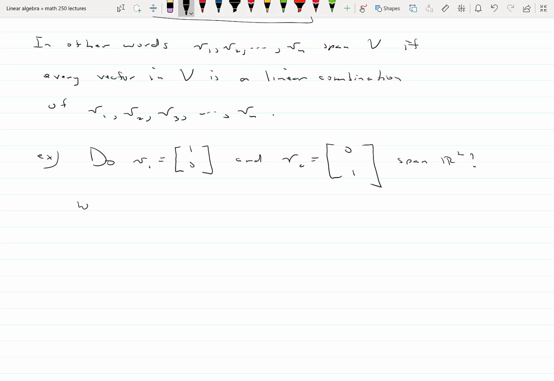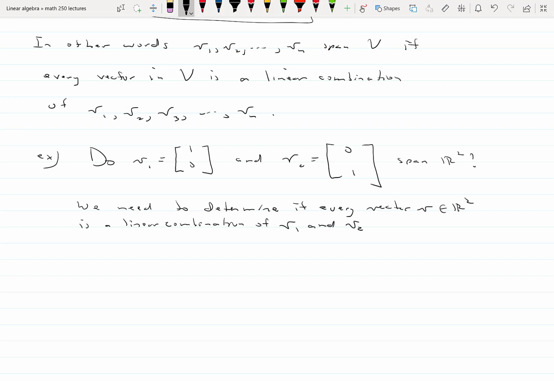We need to determine if every vector, let's say V in R2, is a linear combination of V1 and V2.